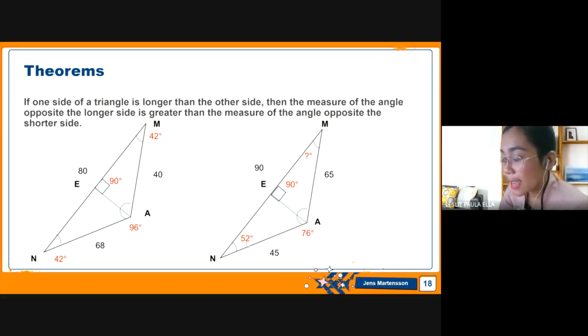So if we have the value of 52 for angle N and 76 for angle A, what should be the value of angle M? Type your answer. If N is 52 degrees and 76 for angle A, what should be the value of angle M?